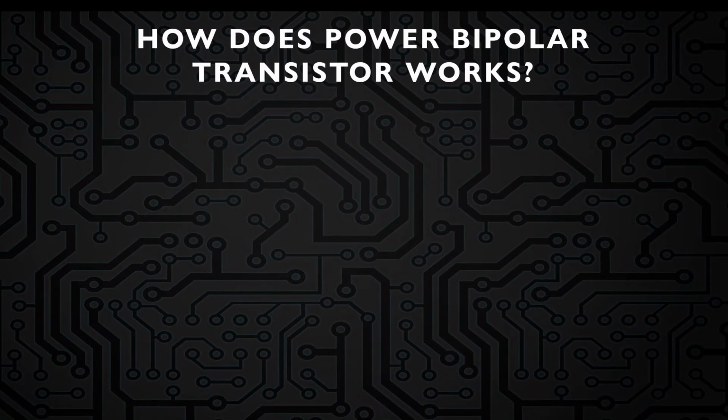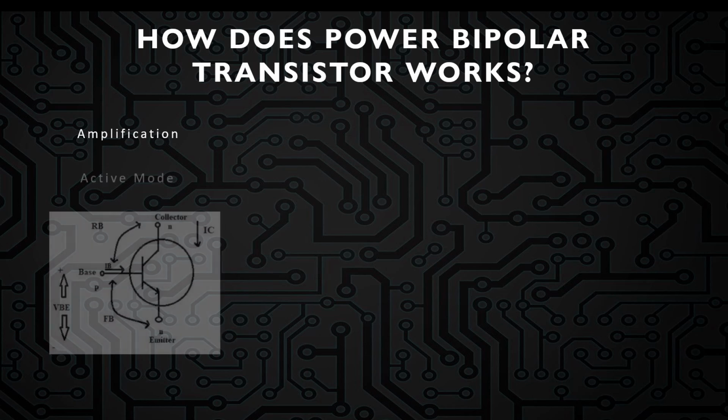The operation of a power bipolar transistor involves the control and amplification of electrical signals. The power bipolar transistor is capable of amplifying electrical signals when a small current or voltage is applied to the base emitter junction. It controls a larger current flowing between the collector and the emitter.